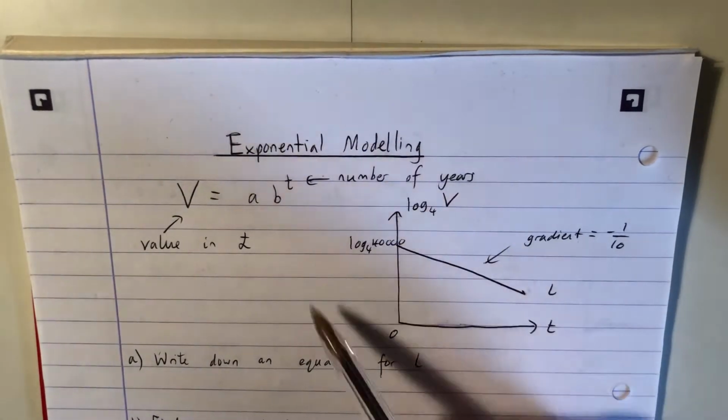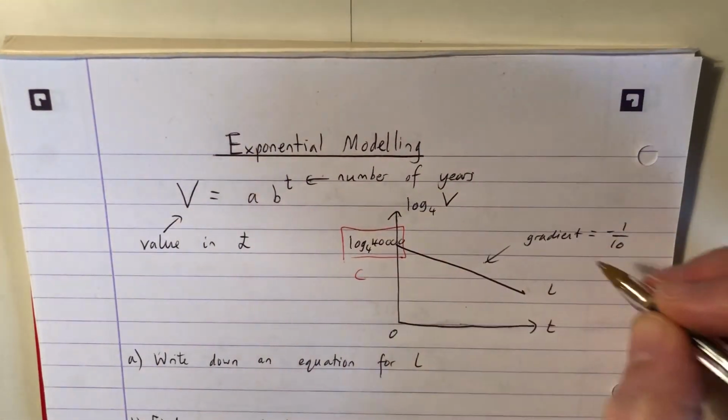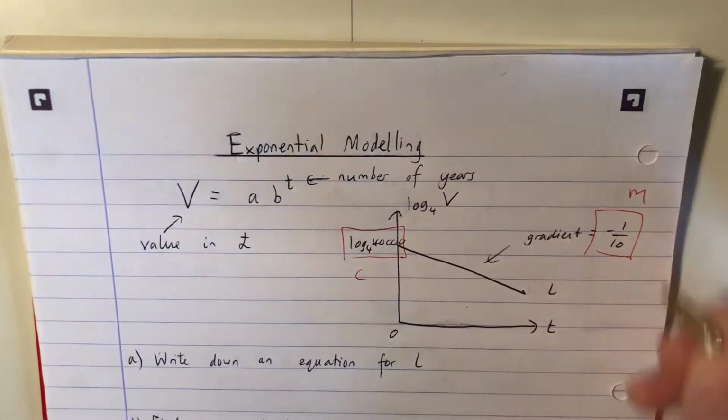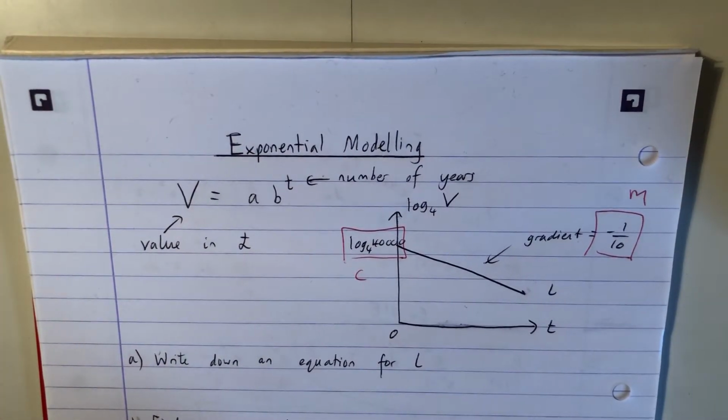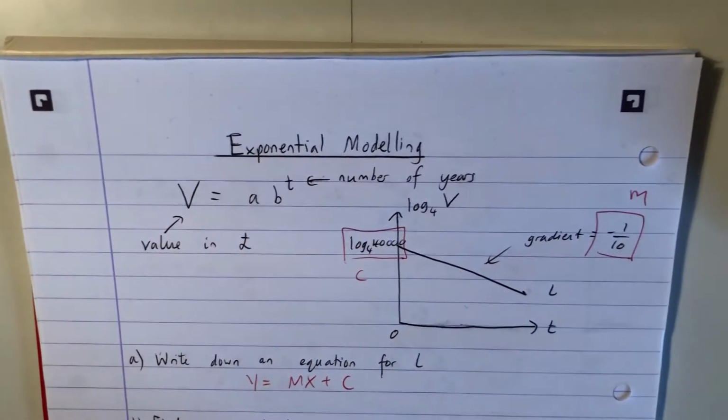normally at A level you're encouraged to use y minus y1 is equal to m brackets x minus x1. But as we've been given the y-intercept and the gradient, immediately we can just do y is equal to mx plus c. So remember, y is equal to mx plus c.